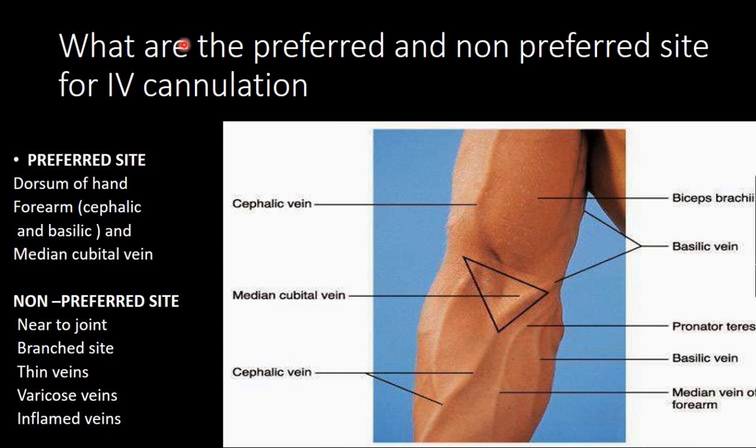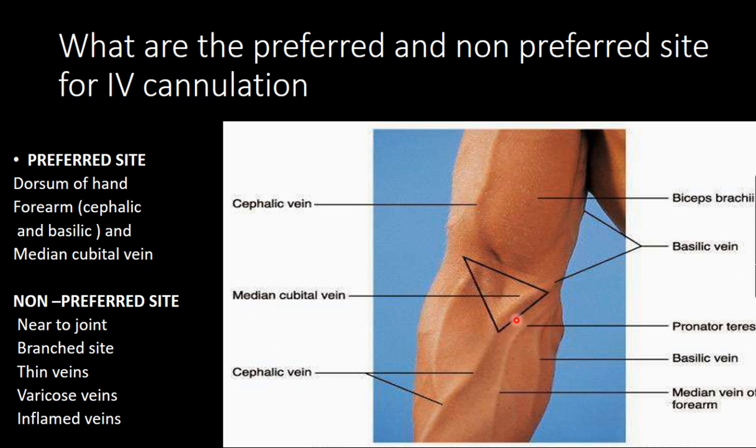Then next we will do what are the preferred and the non-preferred sites for IV cannulation. So for the preferred sites, first is the veins of the dorsum of the hand, the most preferred site, and second the veins of the forearm. These are your cephalic vein and basilic veins. And next is the median cubital vein.